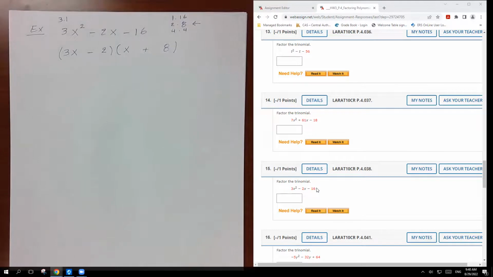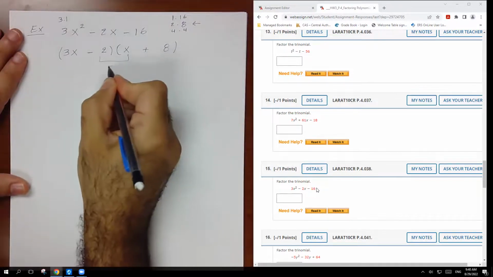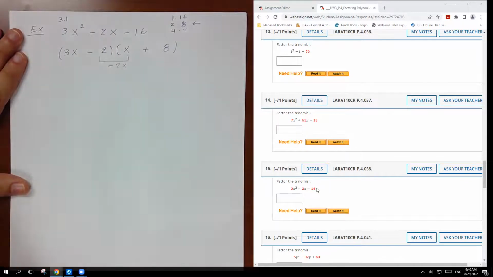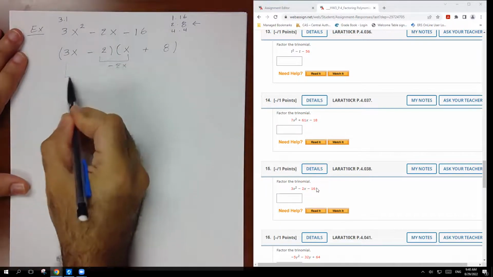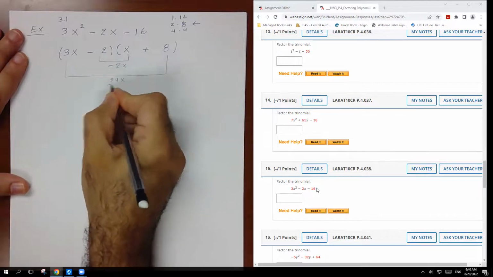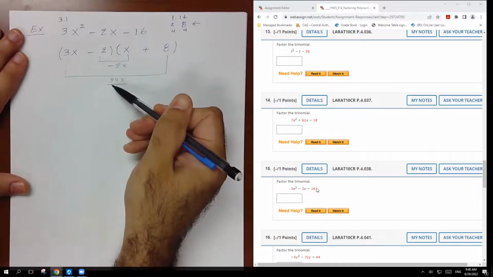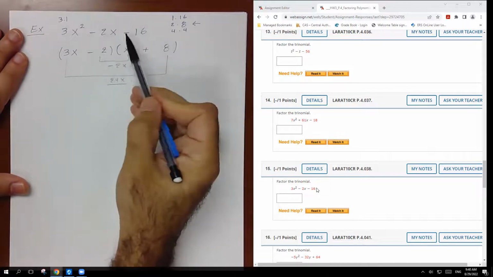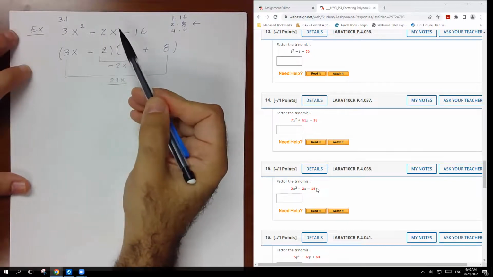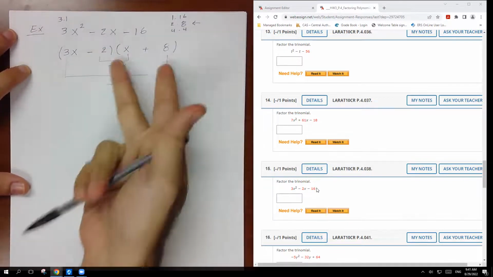So let's check that. Negative 2 times x is negative 2x. And 3 times 8 is going to be 24x. If we add these together, it's going to be 22x, which is not the middle term. So what I'm going to do, before I go to the next option, I'm going to switch these two numbers.